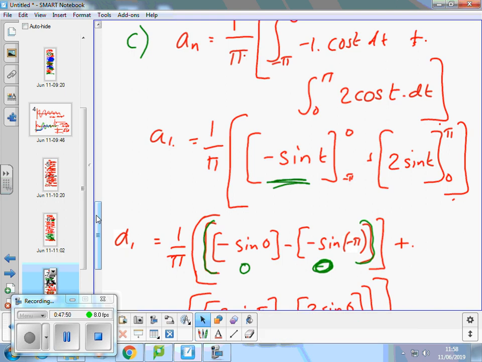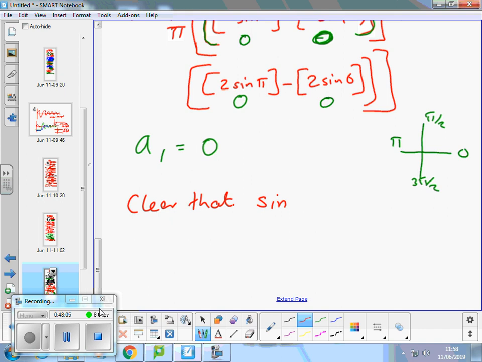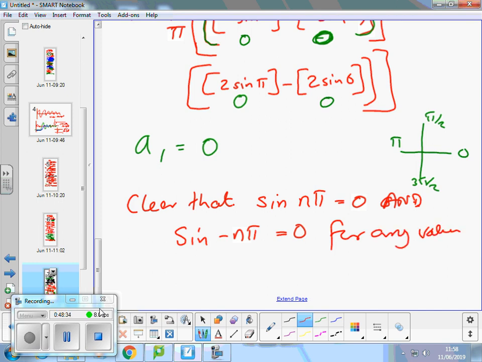So the statement that needs to go in there is something along the lines of: clearly sine of any number n pi equals 0, and sine of minus n pi equals 0, for any value of n.